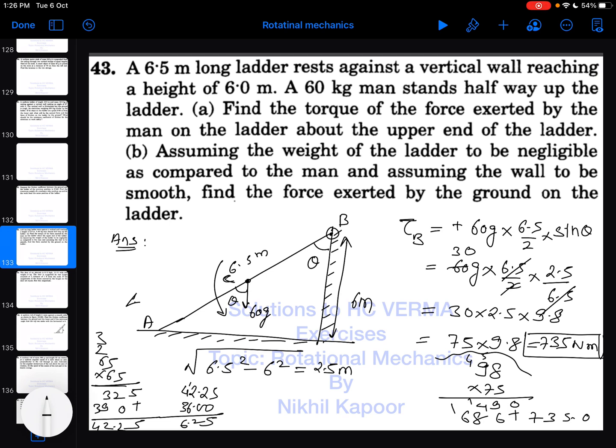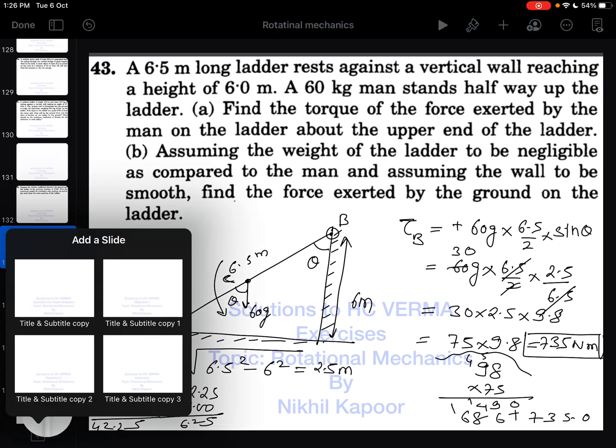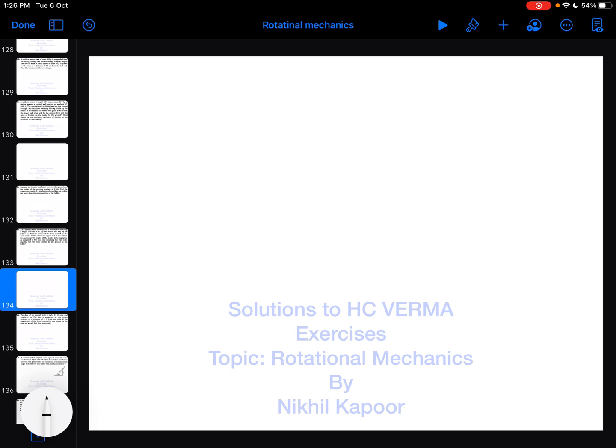Now next, let's take the next page. We need to find the force exerted by the ground on the ladder. So here, if you see the FBD of the ladder carefully, from the center the weight of this person is acting downward, while the reaction from end A is acting here, friction is acting here, and the reaction from B is acting here.